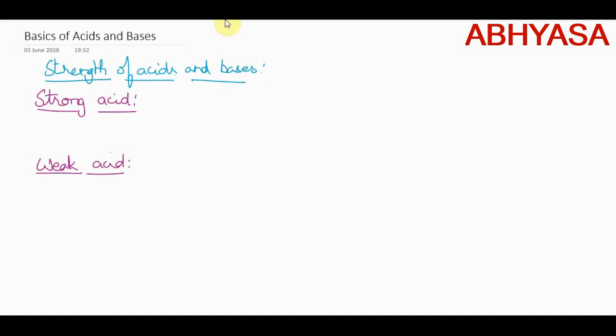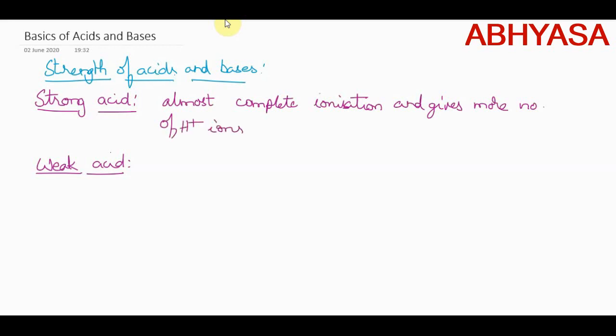Those acids which undergo almost complete ionization, it is not 100%, almost complete ionization, and give more number of hydrogen ions. They should give more number of H plus ions in aqueous solution.